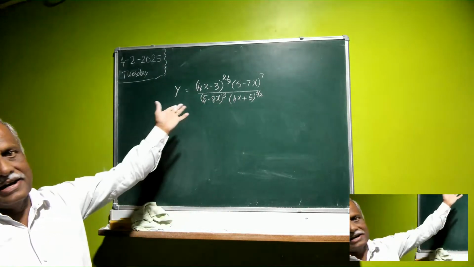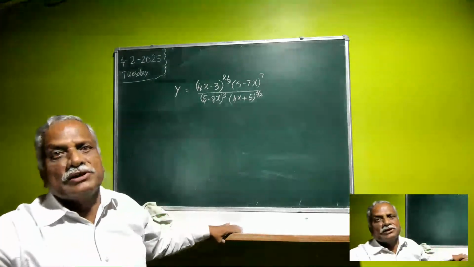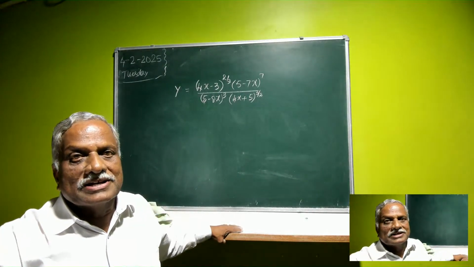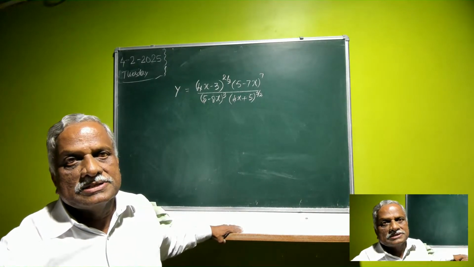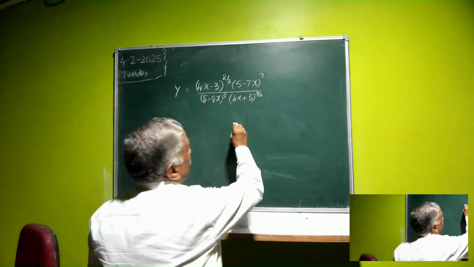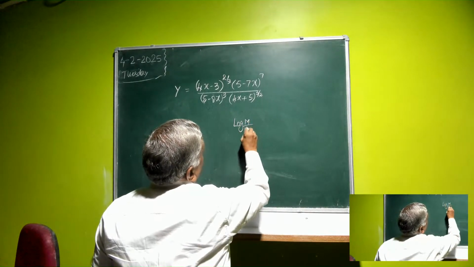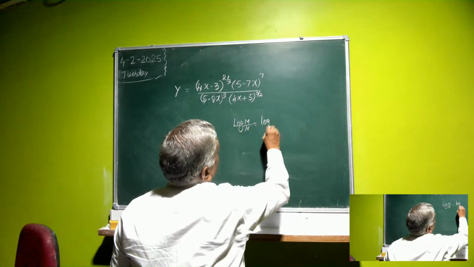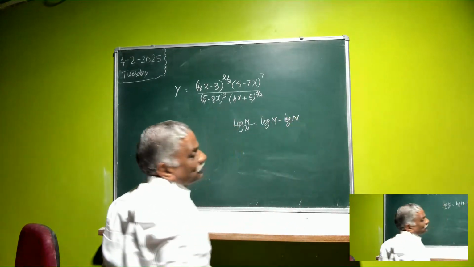Okay? Again, you notice which formula I have got to use? The third one which I have given, f1x and f2x, etc. fnx divided by g1x, g2x. So you should remember the formula. The formulas we are going to use: log m by n is log m minus log n, one formula.